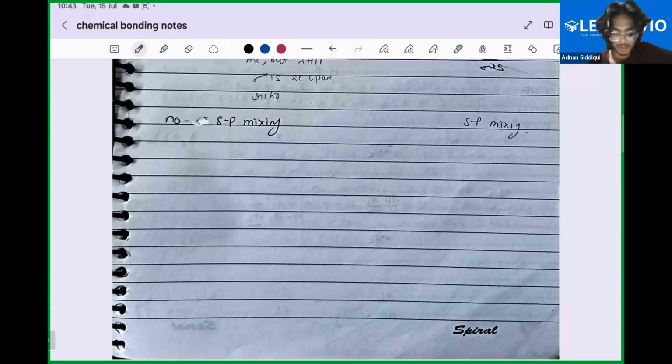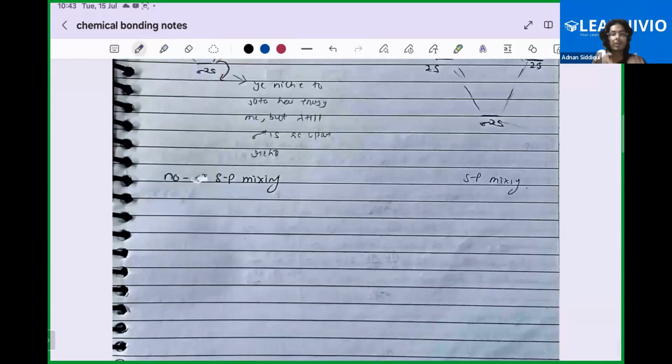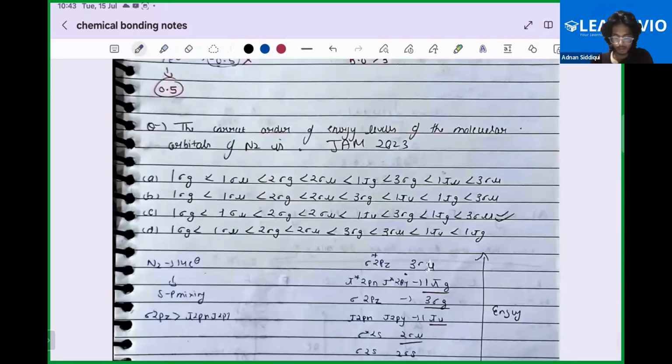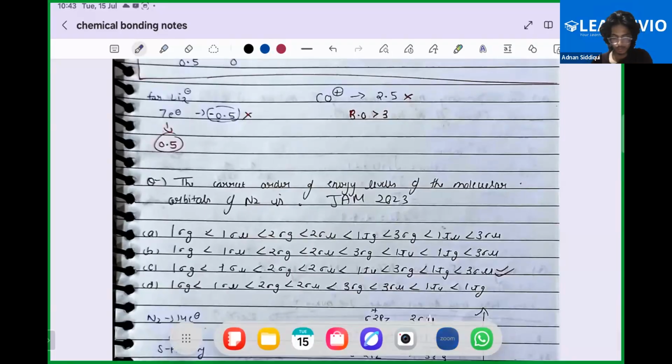Right, so I am going to share the screen, the assignment screen. You have to tell me if there is any question that you are not able to understand, because we have covered everything from orbitals to molecular orbitals. Just give me a second. Let us see whether you have actually understood anything or not.